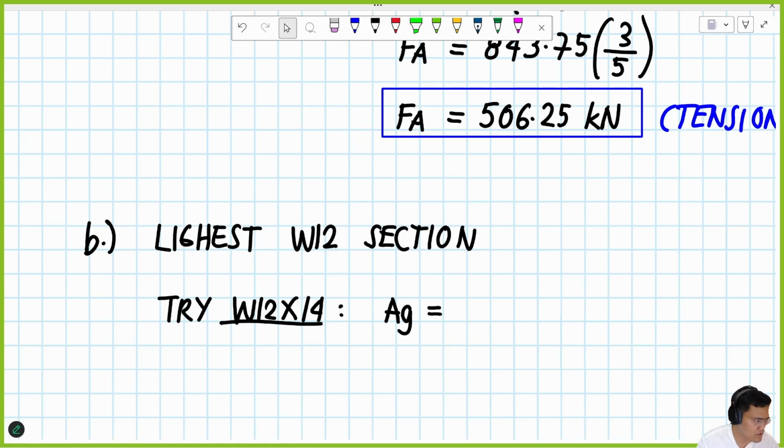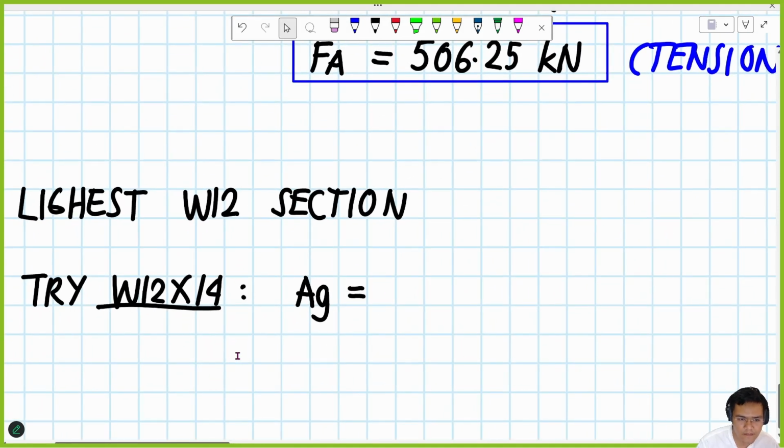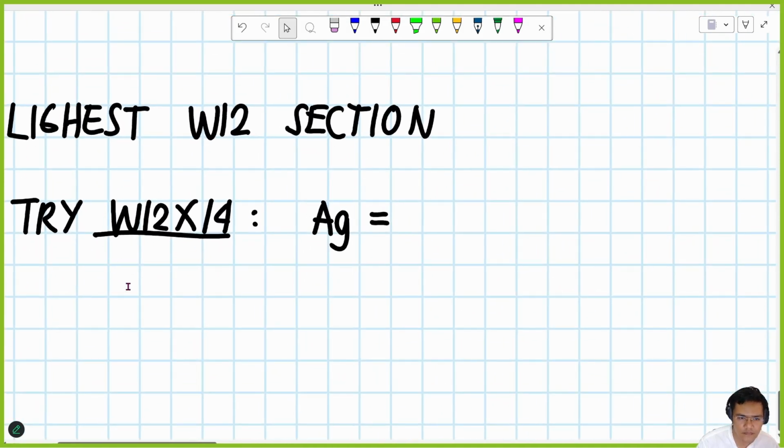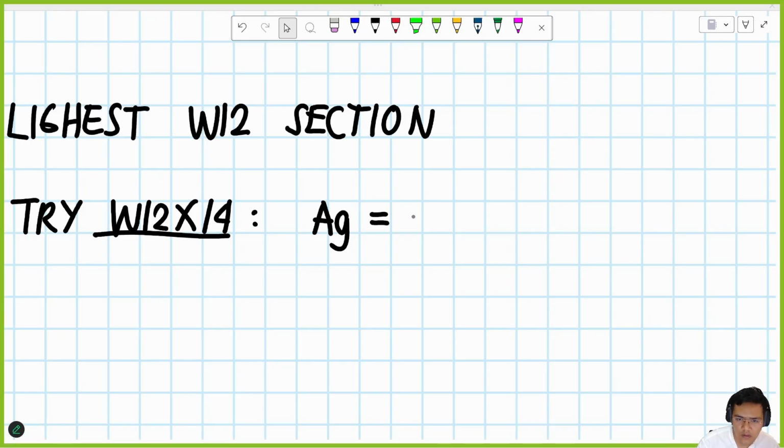Yung area gross, yung mga nakapag-print na ng database, pakibigay sa akin. Area gross, ano yung value natin? 2684 millimeters squared.